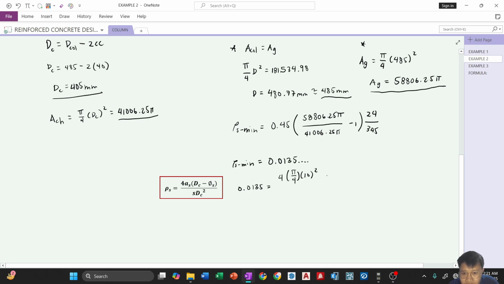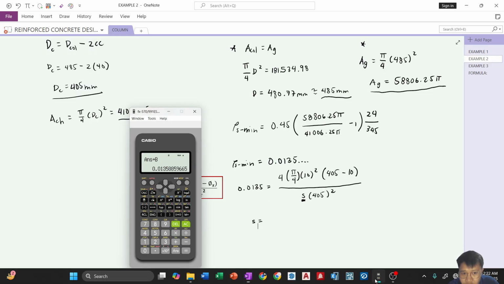Okay, and then the diameter of the core, we solved 405 kanina, minus diameter of the spiral is 10 mm. Then spacing is unknown. Tapos 405 squared. Alright? So ang unknown sa atin dito ay yung S lang. So finally, we can now solve for the value of S.